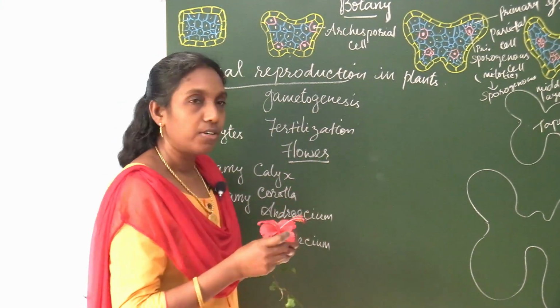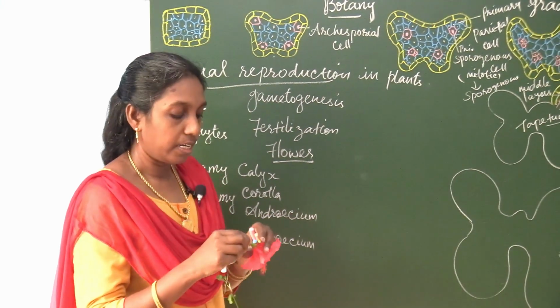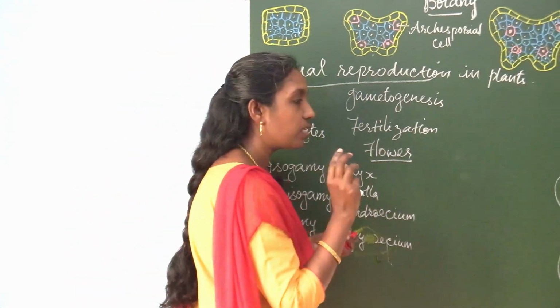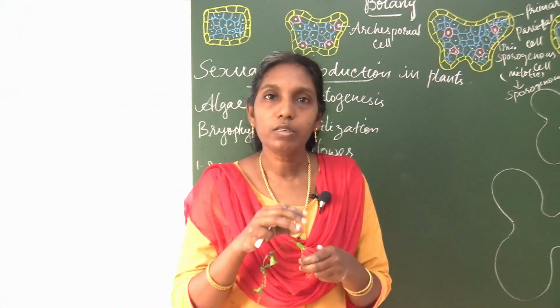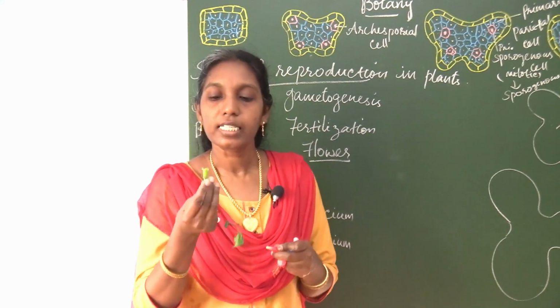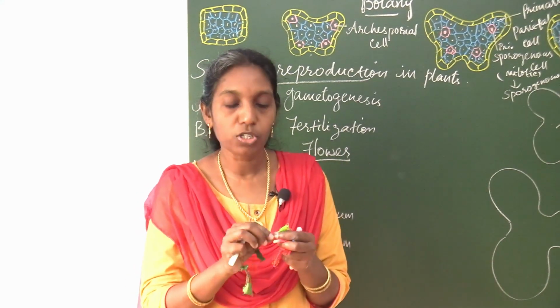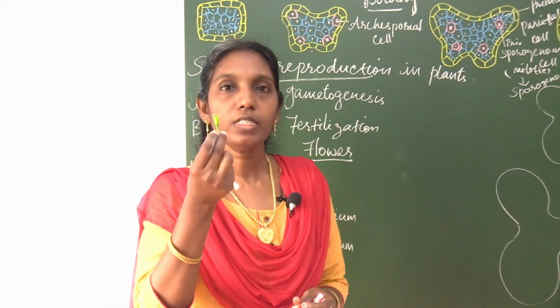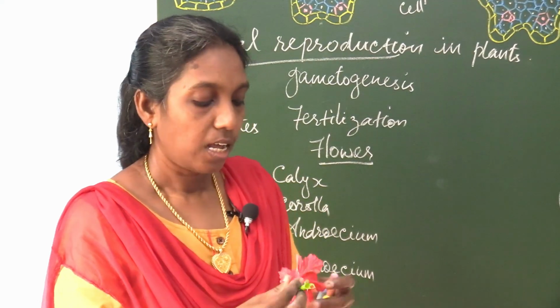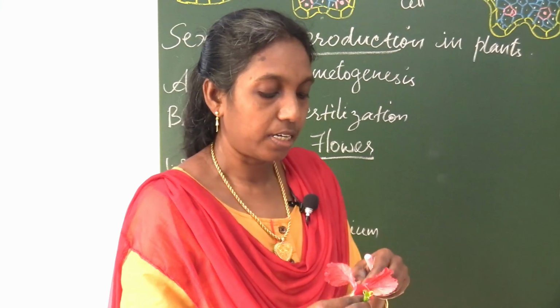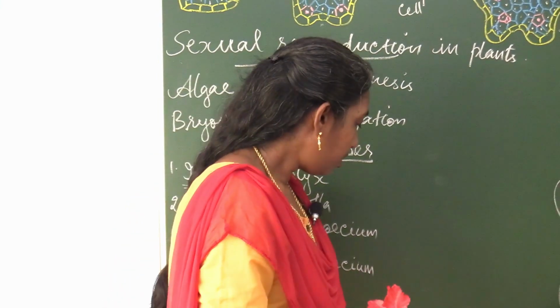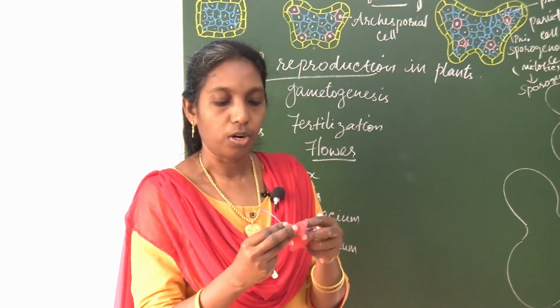And there are different whorls of the flower. As you learned earlier, there are four different whorls. The first or the outermost whorl is called calyx. The second whorl of the flower is corolla.